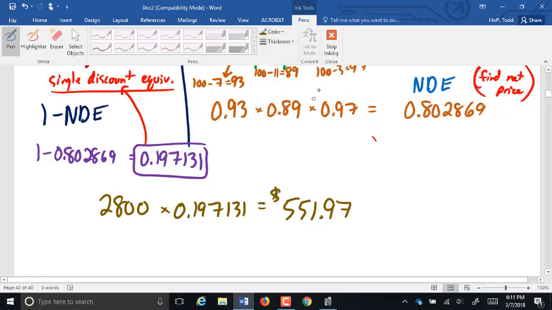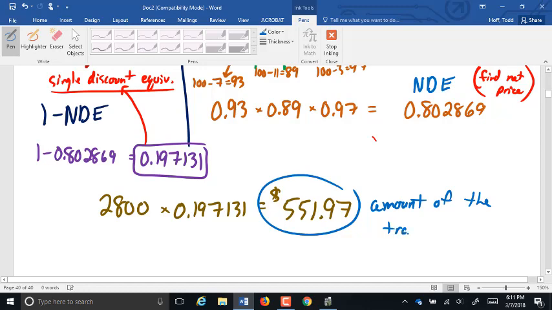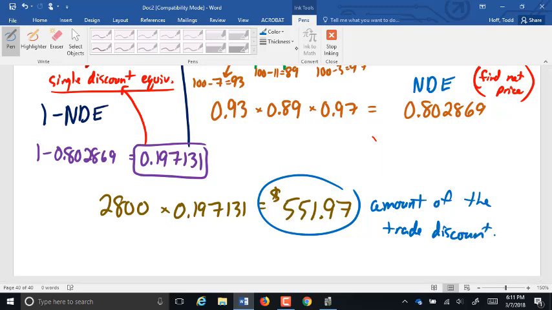And again, because we use the discount equivalent, that is the amount of the trade discount. Any questions?